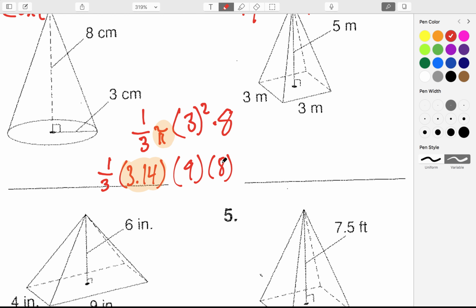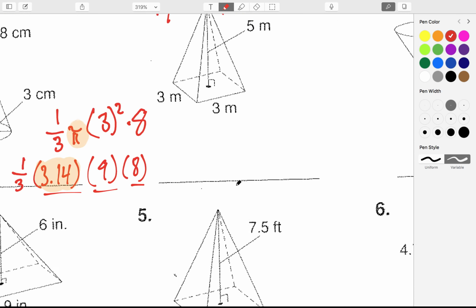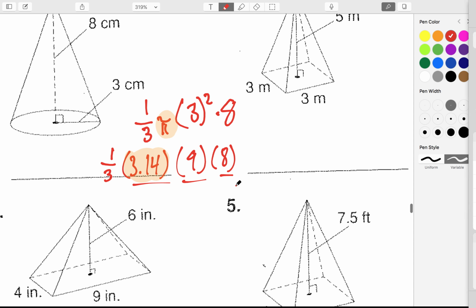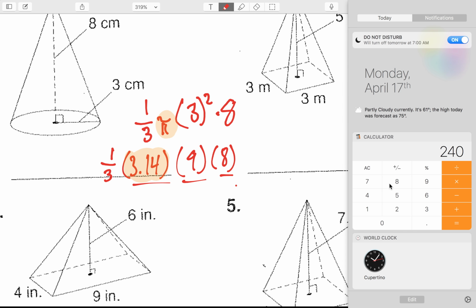From here, it just becomes a calculator problem. Multiply all these and then divide by 3. So let's do that. 9 times 8 is going to be 72. So I'm not going to waste my time with that. That's just going to be 72 right away. Times 3.14.